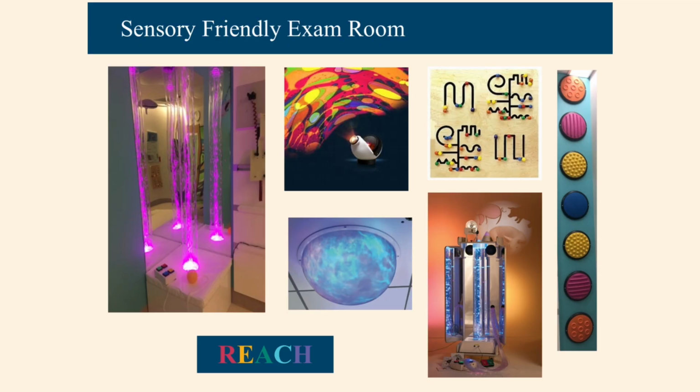Even if you do not have access to these rooms or a Vecta machine that can make a room sensory friendly, as I mentioned, you can create the sensory friendly environment by adjusting the lighting and using a projector. Here are some other examples of what you might find in rooms at Nemours Children's Health.